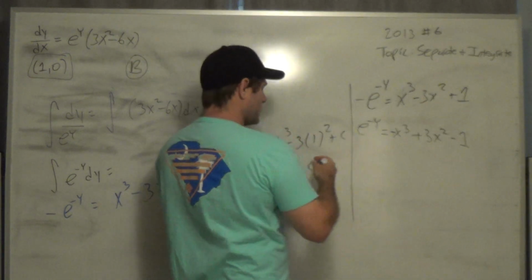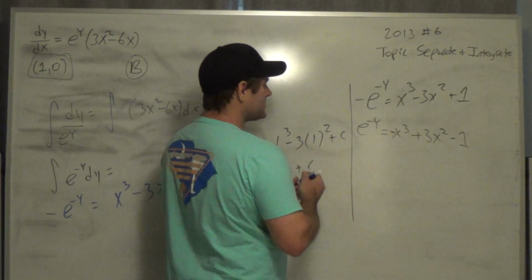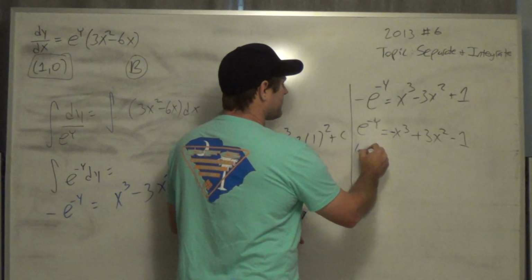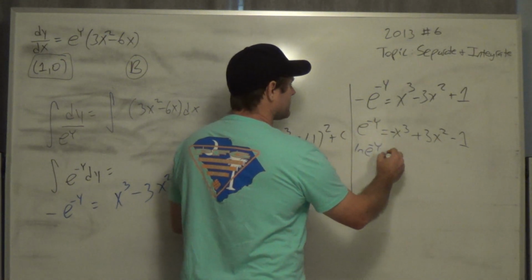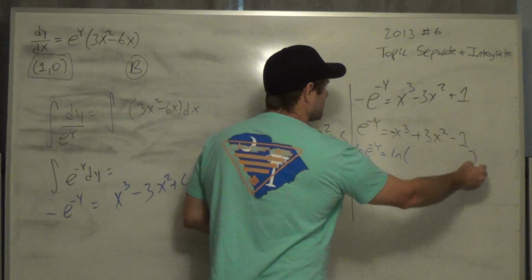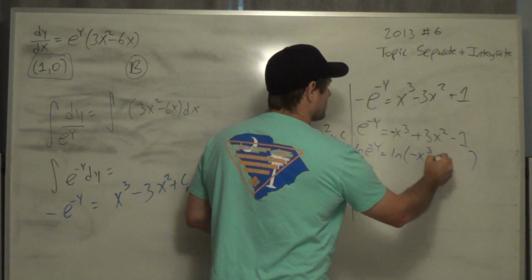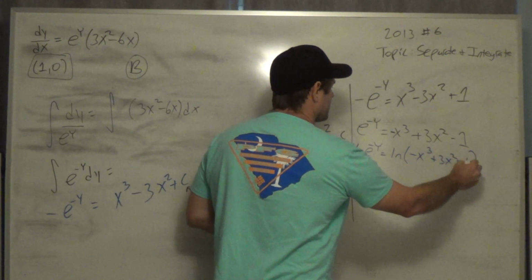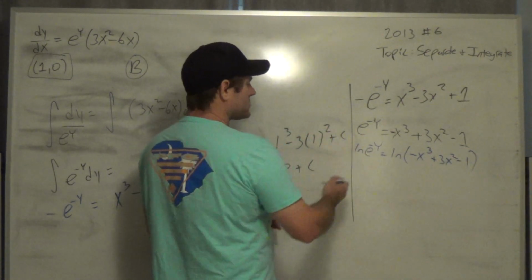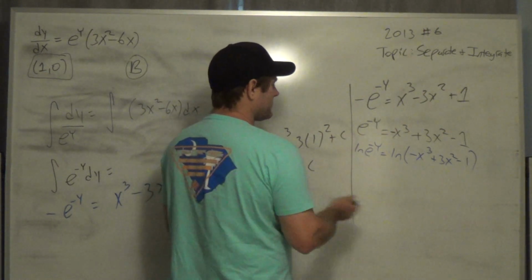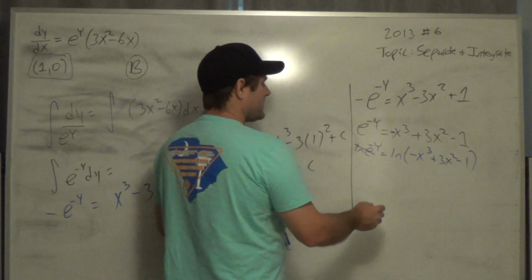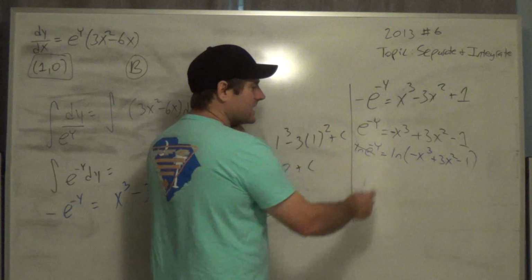And now I'm going to destroy the e by ln'ing both sides. I'm going to put an ln in front of both sides. And on this side, the ln destroys the e. So I have a negative y.